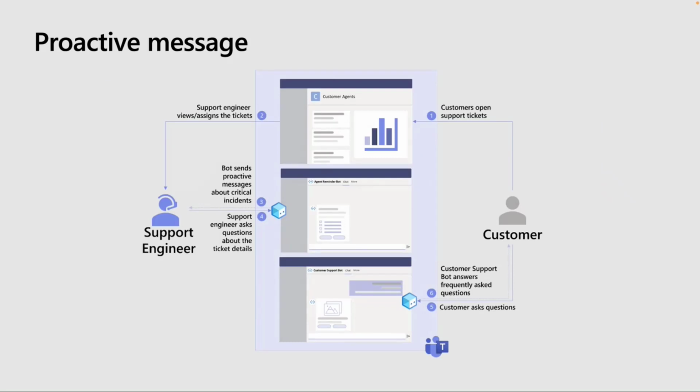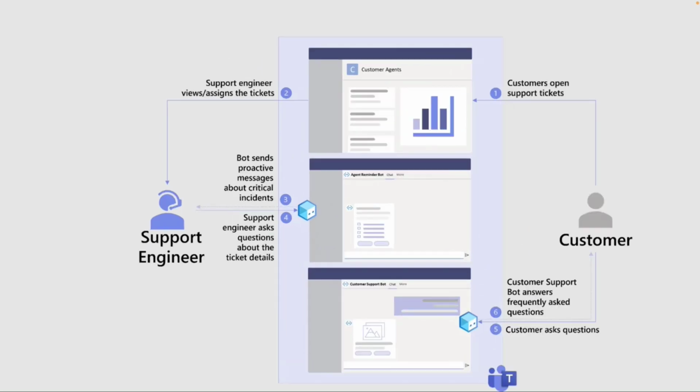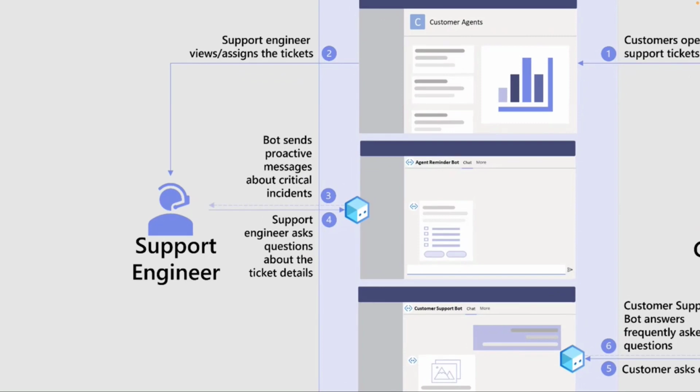So I want to talk a little bit about this proactive message approach, and we touched on this in last week's session when we talked about the customer support scenario. I want to focus on this agent reminder bot. We talked about how this bot could send a proactive message to a support engineer about a critical incident.